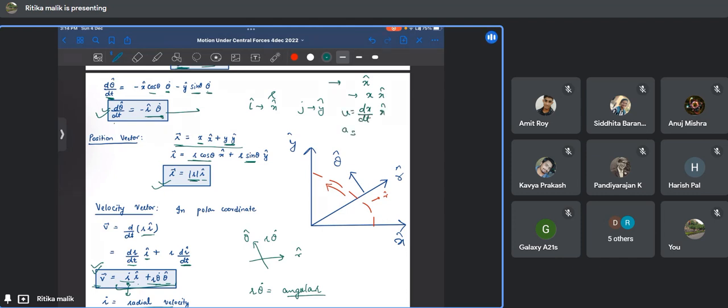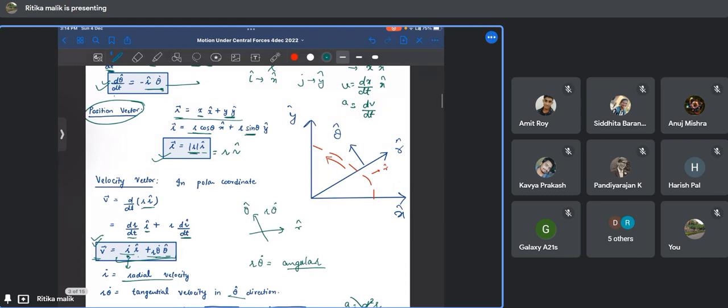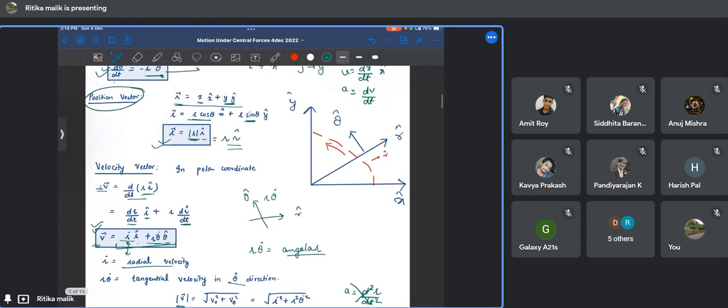Similarly, acceleration is given by dv by dt. Here the position vector in the radial coordinate system is given by the magnitude r in the r cap direction. Then I differentiate this to get the velocity. So dr by dt is just the differentiation of this term.